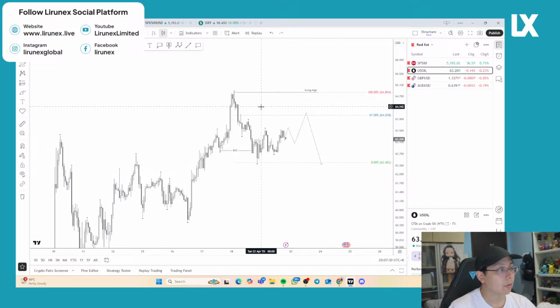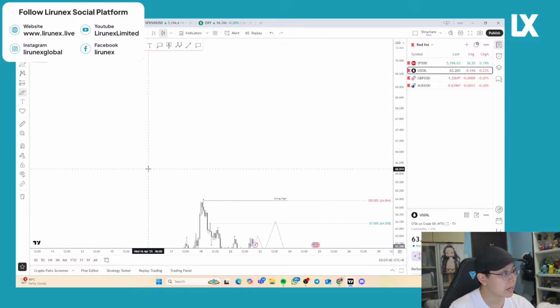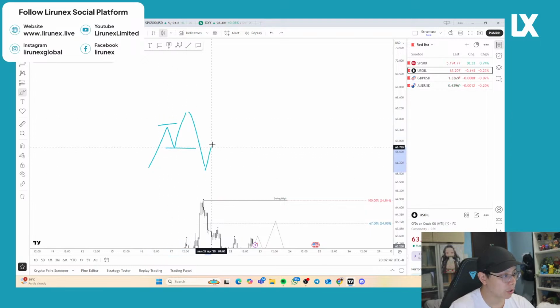Okay, now this setup over here, you can see just now we went through, right? There's some similarity to it. The only difference here is we don't have a liquidity sweep, right? The model, what you want to see is a push up, a fake break, or what we call a liquidity sweep. The market comes back down, breaks a structure, pulls back, and then we sell it, right?